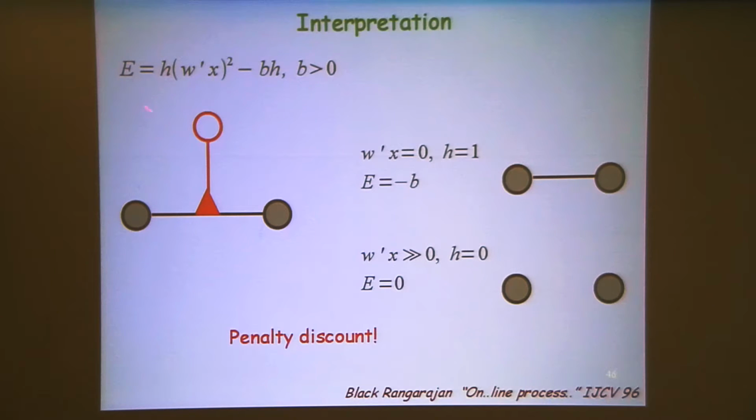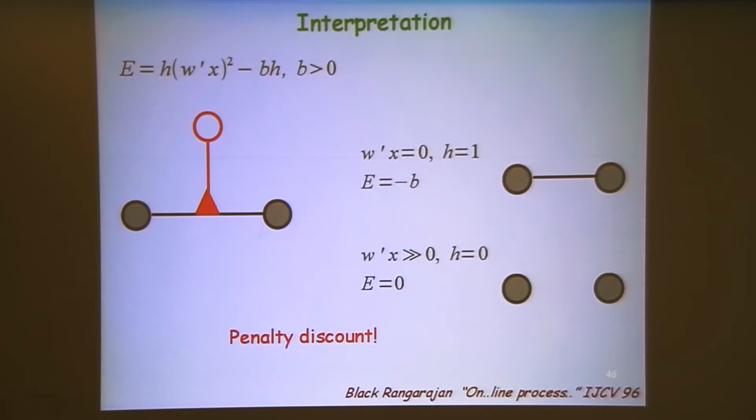And basically, you multiply this squared filter output by the latent variable, and you also add a positive bias multiplied by the latent variable. If the latent variable is binary, it acts like a switch. When the image is smooth, W transpose X is going to be equal to 0, because W is a very high frequency thing that comes from the minor component.